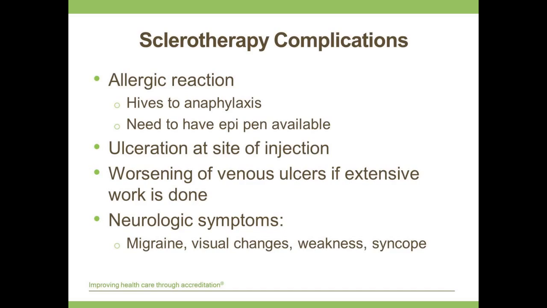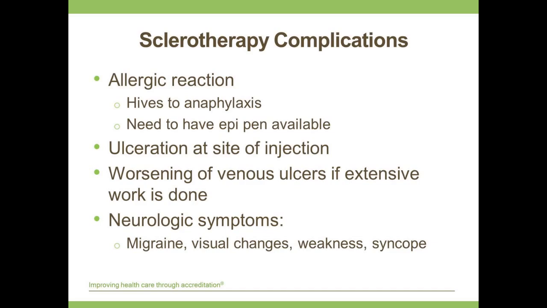Some work has demonstrated that when foam is used, neurologic complications are more common when room air rather than CO2 is used to agitate the sclerosant to produce the foam. Interestingly, neurologic complications are more common when surface veins are being injected rather than axial veins under ultrasound guidance.